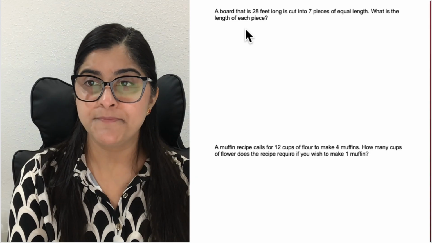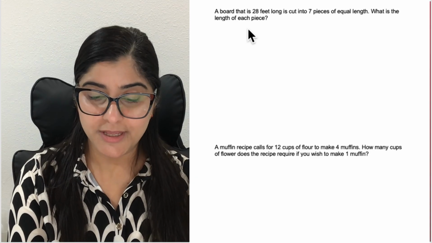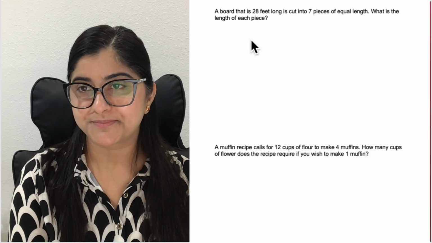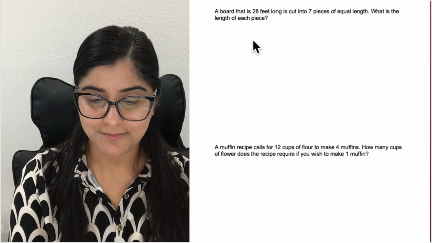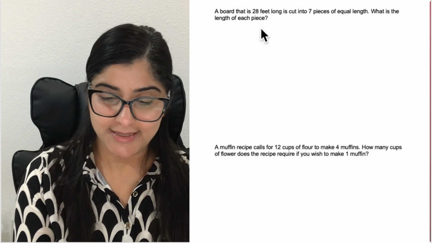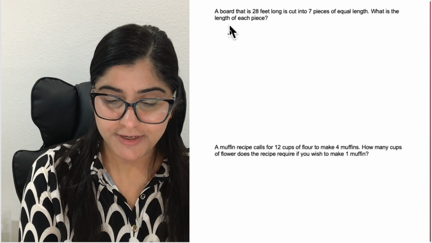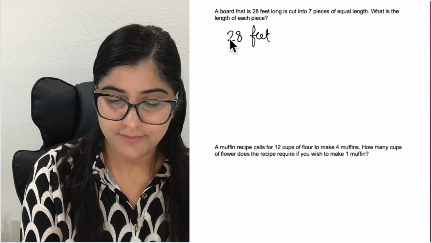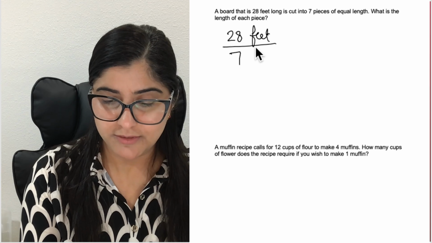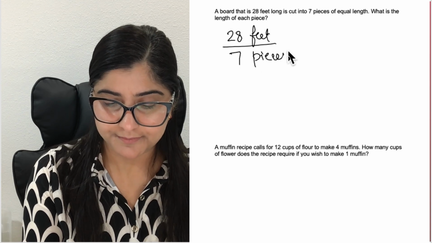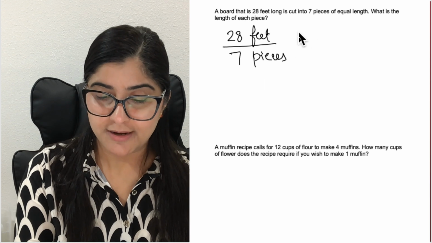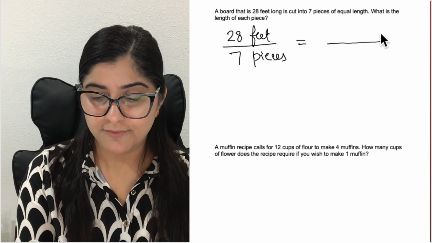Just pause here and try to think how we can use a fraction to answer this question. Okay, so a 28 feet long board, we divide it into 7 equal pieces. This is what we are given. We are asked, what is the length of one piece?